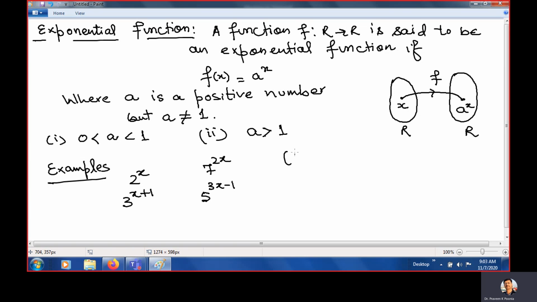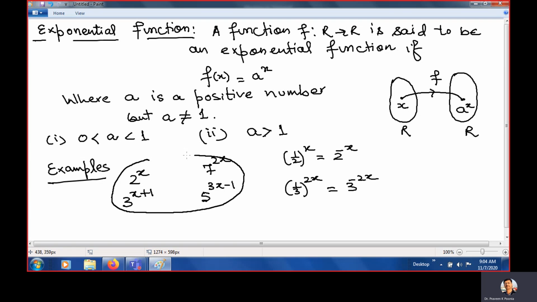Clear? 1 upon 2^x, or we can write it as 2^(-x). 1 upon 3^(2x), and this can be written as 3^(-2x). So for these functions the graph is a^x, and for these functions the graph is a^(-x).